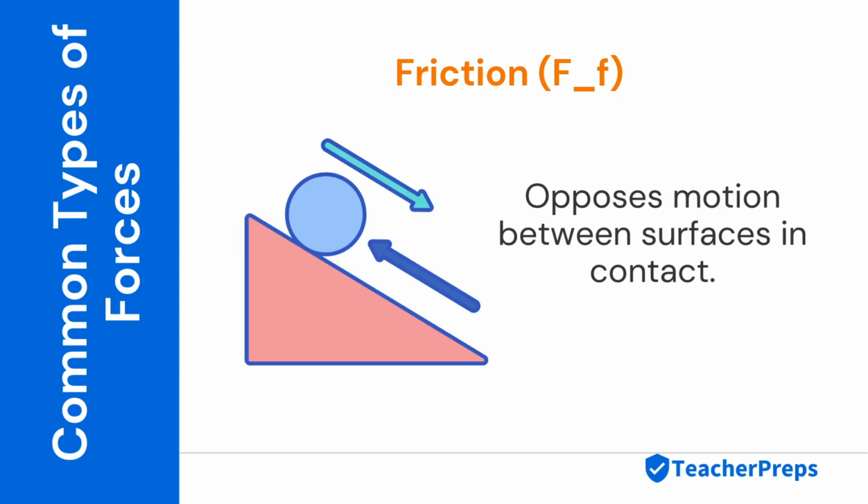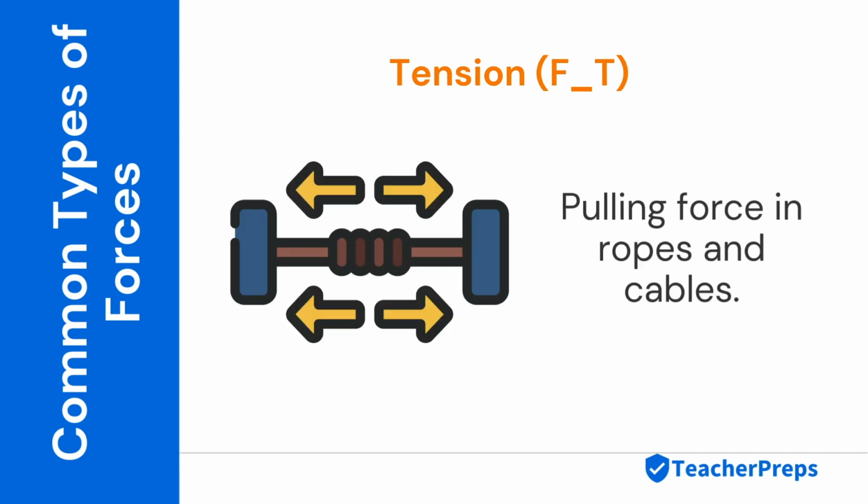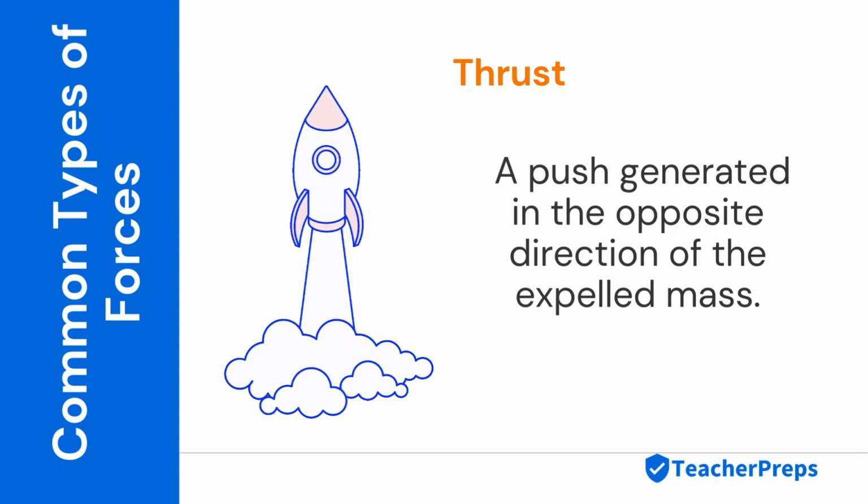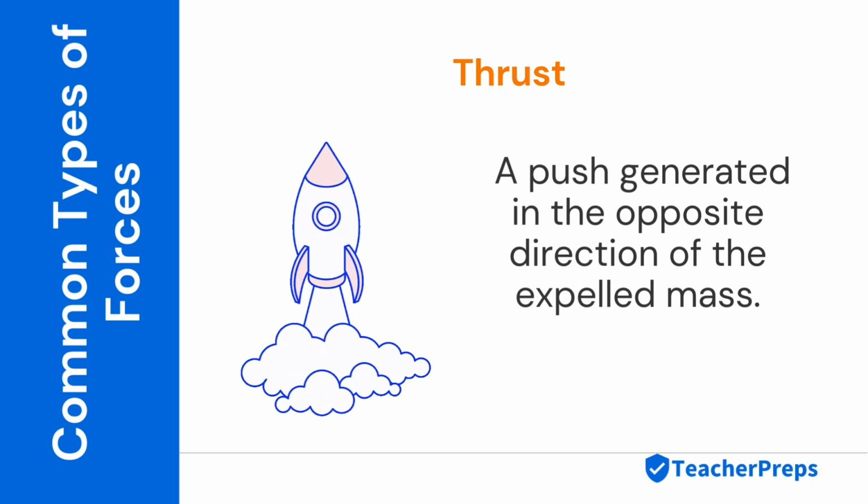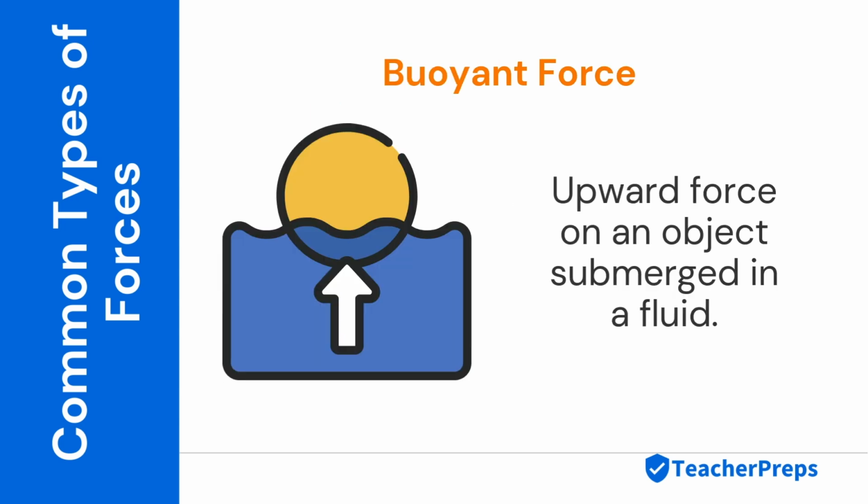While friction opposes motion between surfaces in contact. Tension is the pulling force in ropes and cables. Thrust is a push generated in the opposite direction. And last on the list is buoyant force, which is the upward force on an object submerged in a fluid.